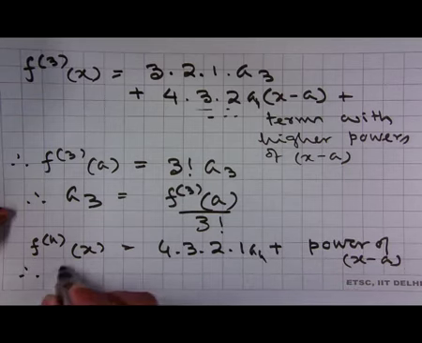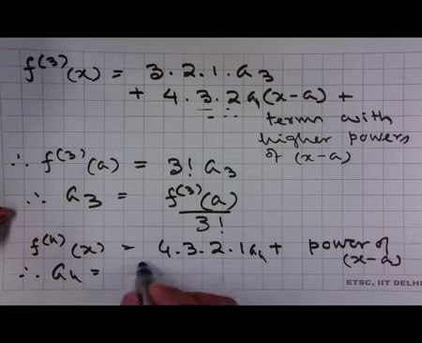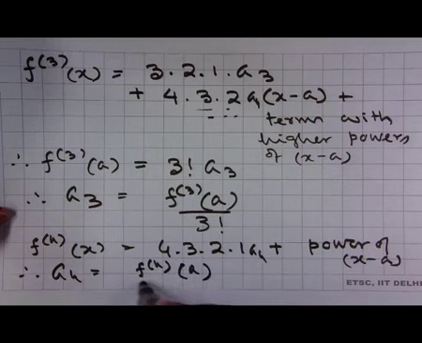Therefore, a4 is equal to the fourth derivative of f at a divided by factorial 4.